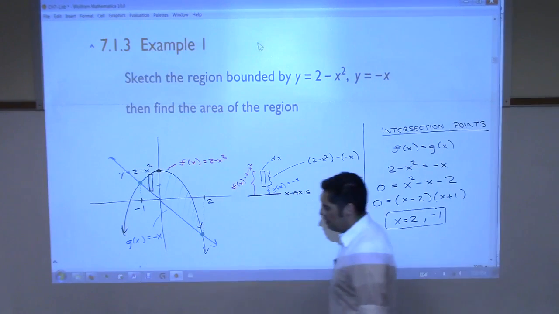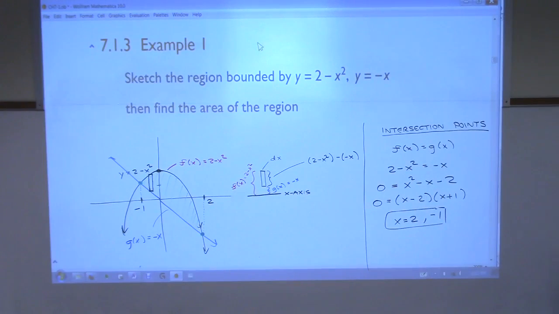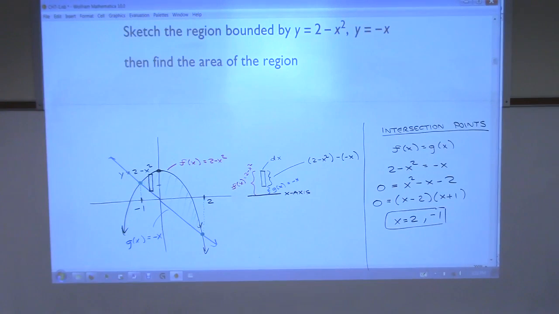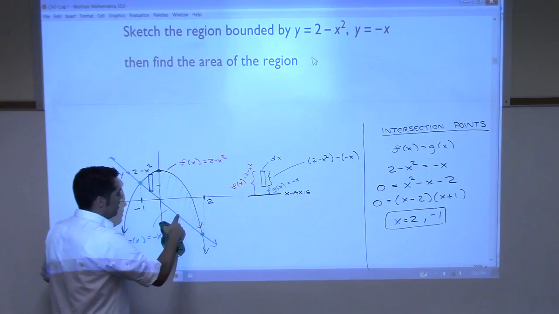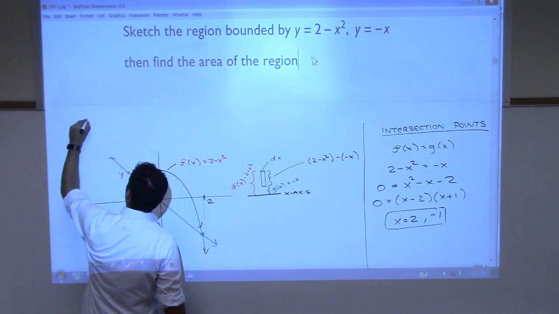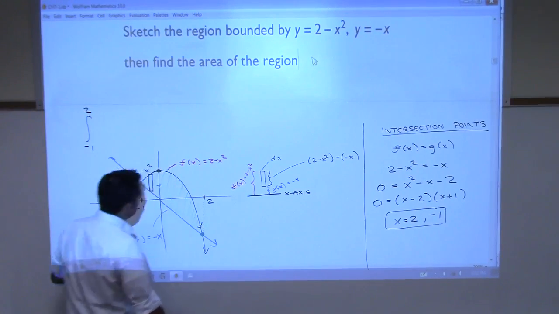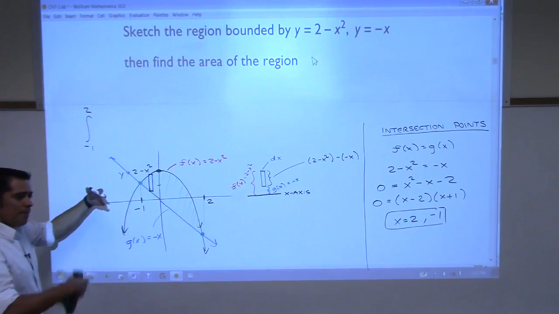All right, let's set it up. Ready for the integral. My integral should be, so this green area right here is equal to the integral from -1 to 2 of f minus g.